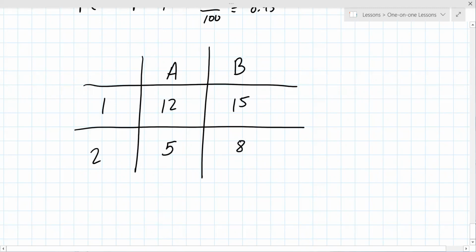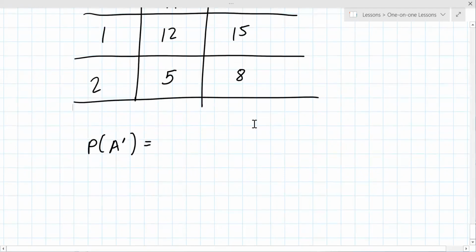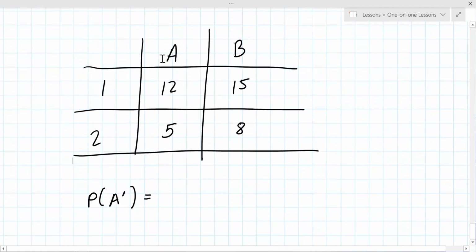So what's the probability of not A in this example? Not A means that it's either A or B. We don't know what A is. Maybe A is hot and B is cold. It doesn't really matter. What's the probability of not A? Well, not A means probability of B.